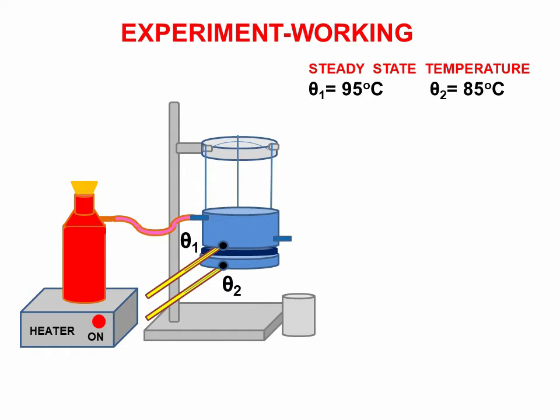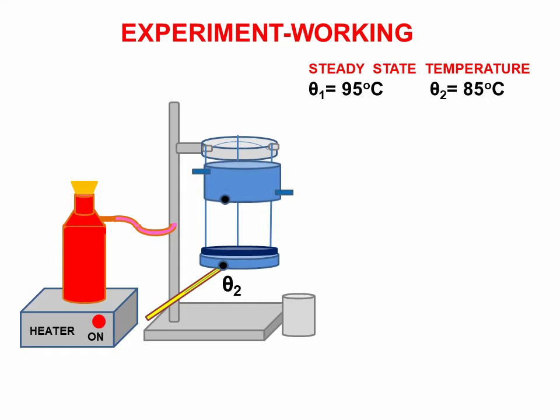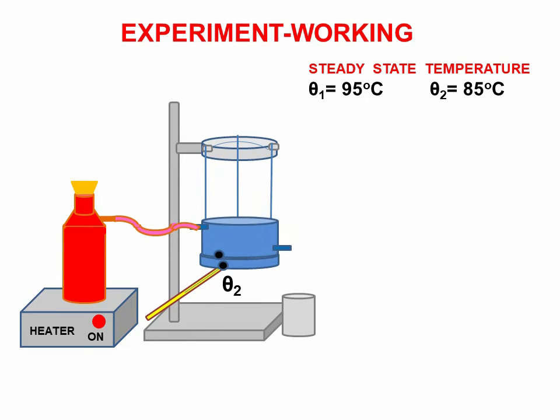The second part of the experiment is to do the experiment as follows. After finding theta 1 and theta 2, remove the thermometer of theta 1. Remember, the heater remains on. Lift up the chamber, remove the specimen, and place the chamber directly on the Lee's disc.